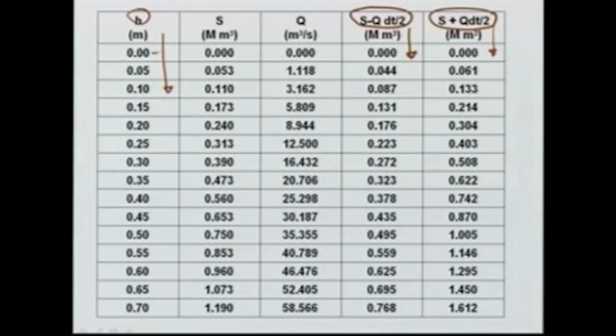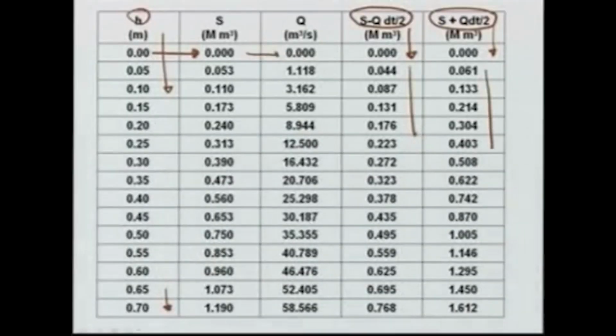So, for any given h, s is obtained as h plus h square, q is obtained as 100 h to the power 1.5. We have taken a range up to 0.7. We could go higher also, but in this case we have stopped at this because the outflow does not go above this value, as we will see later.